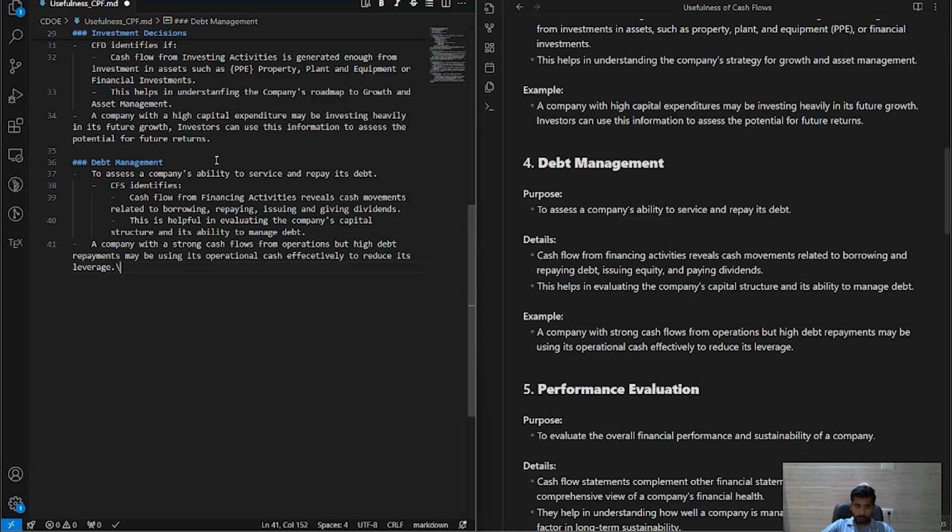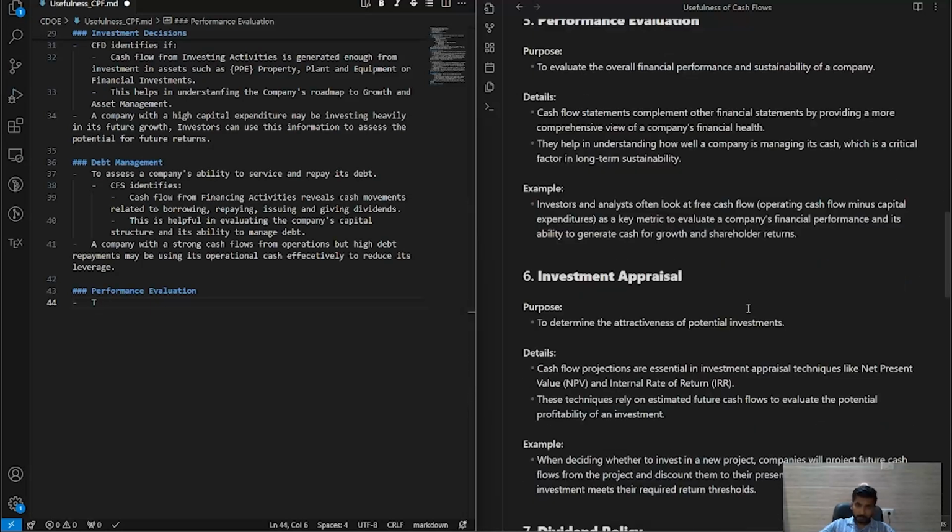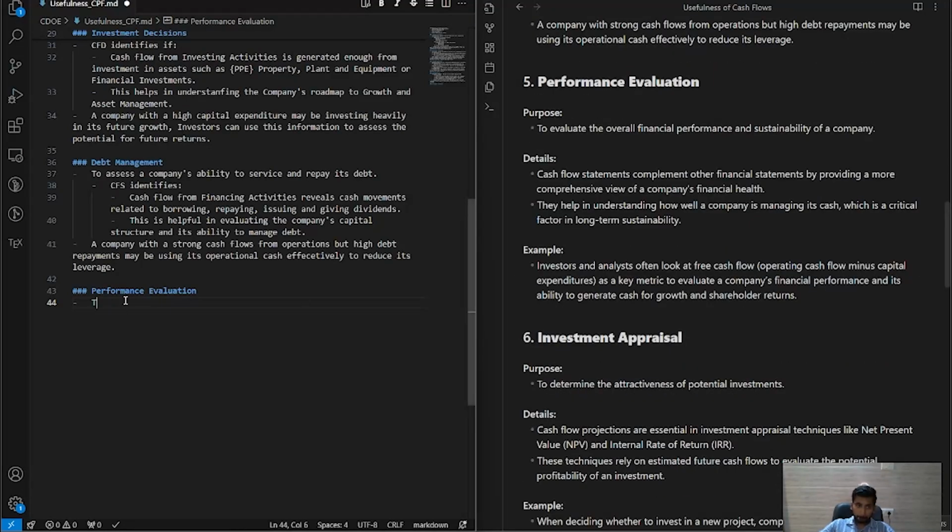Okay, moving ahead, cash flows are important for performance evaluation, to evaluate the overall financial performance and sustainability of a company.